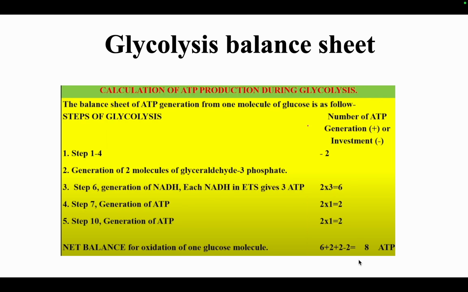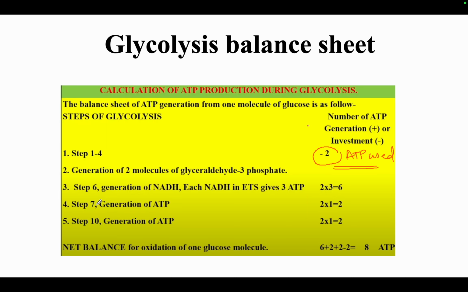So this is the glycolysis balance sheet I was talking about. In the preparative phase, we had minus 2 ATPs involved. These 2 ATPs were not created, they were used.